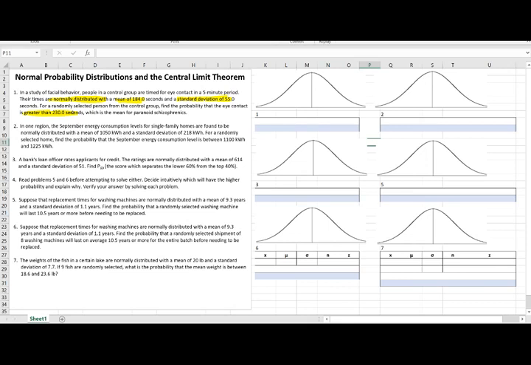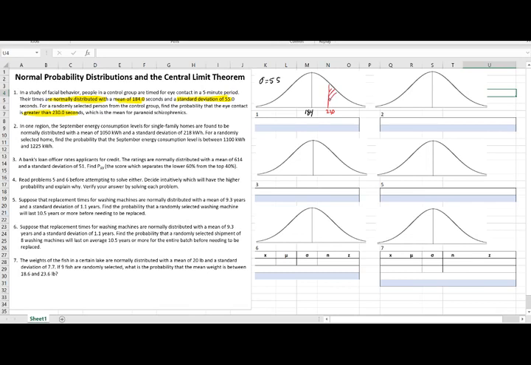I always recommend just drawing out a quick sketch and doing a little labeling to avoid any careless mistakes with these types of problems. So I have these 6 blank normal distributions over here to the right. For number 1, we're dealing with a normal distribution with a mean of 184 seconds, standard deviation of 55 seconds, and we want to know the probability that x is greater than 230.